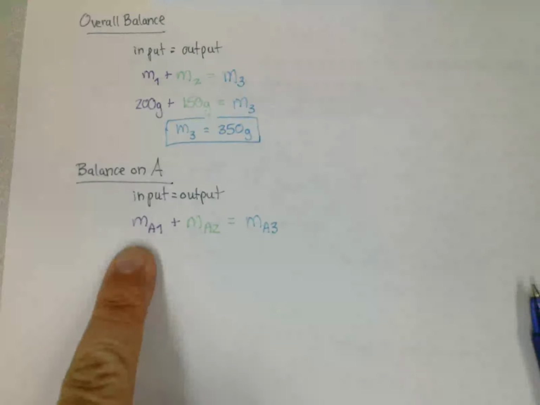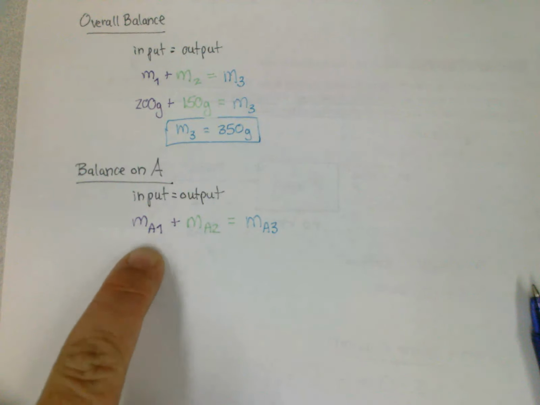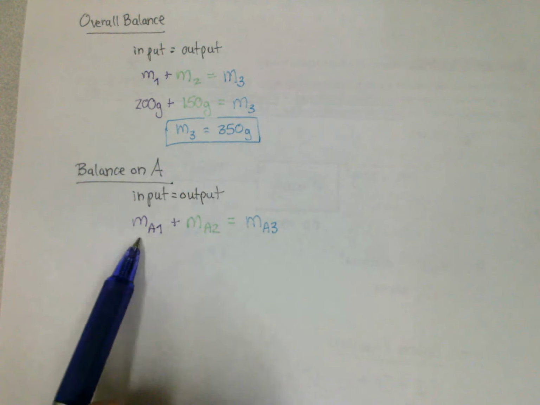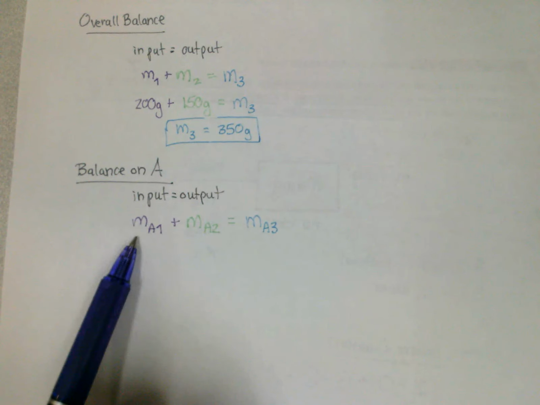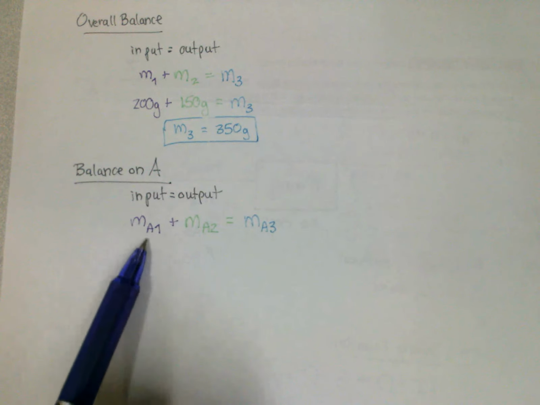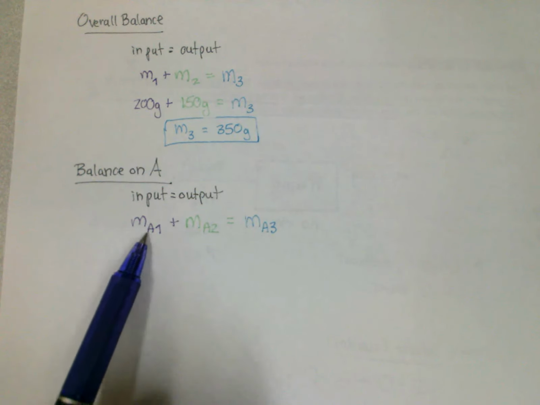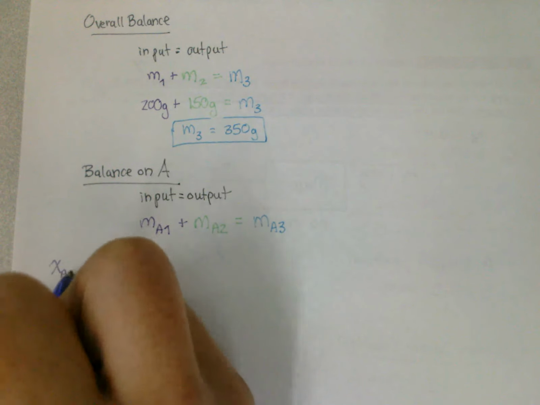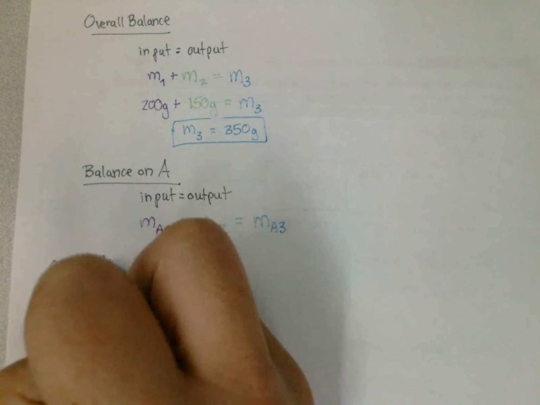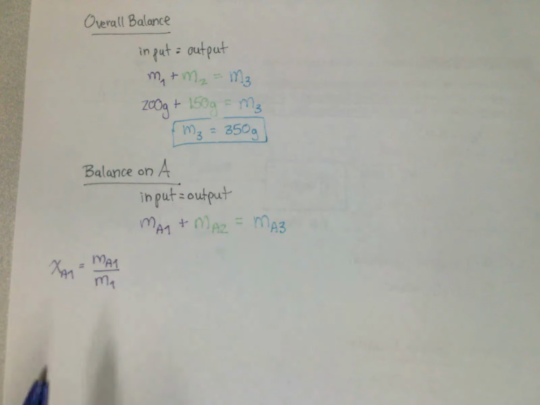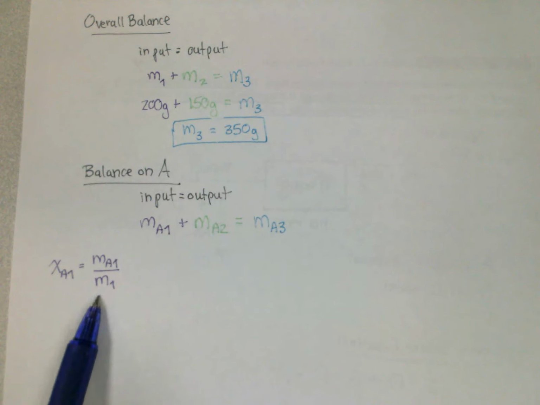Now, what do we know about this mass right here, this mass of methanol? Well, we don't know this number, but we know M1 and we know XA1. So can we insert a relationship here to get this number? Well, we know that XA1 is defined as MA1 over M1, because this is the total mass and this is the mass of just methanol.